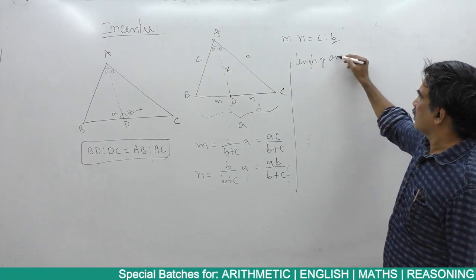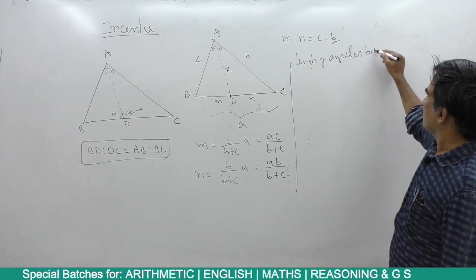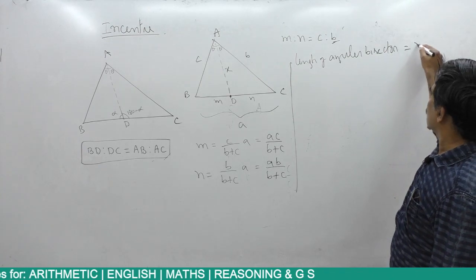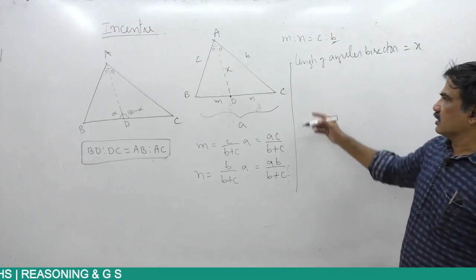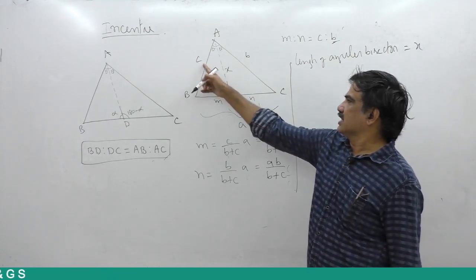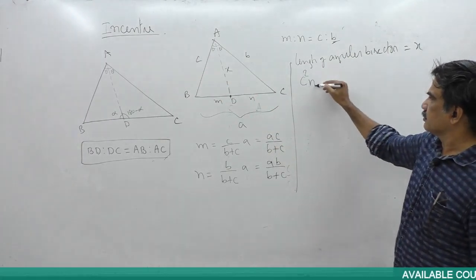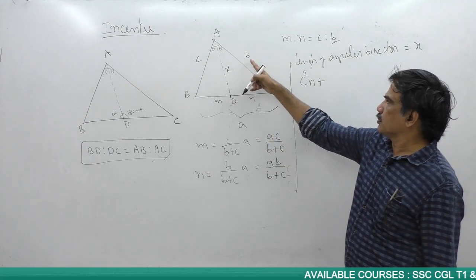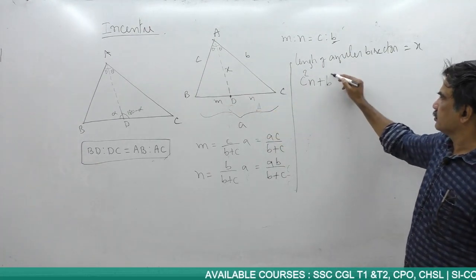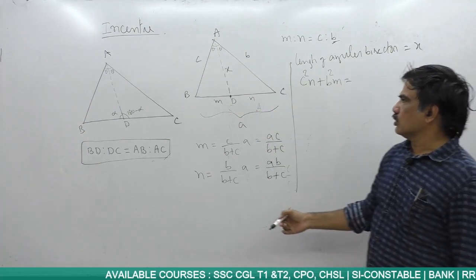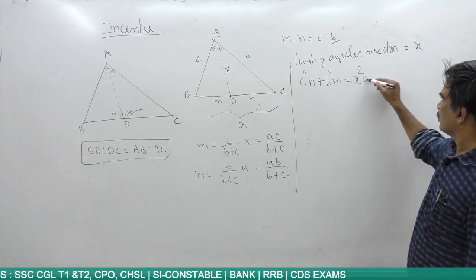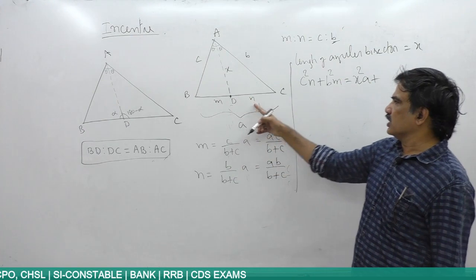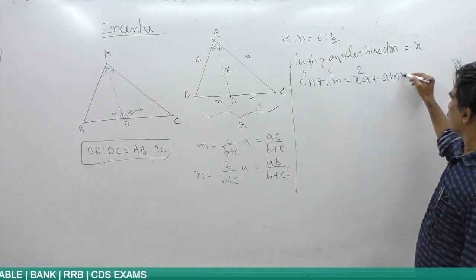The length of the angular bisector is equal to X. I have given one formula: c square into N plus b square into M is equal to X square into a plus a into M into N, that is, aMN.